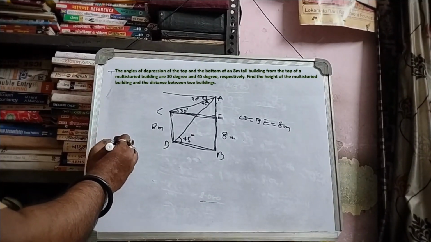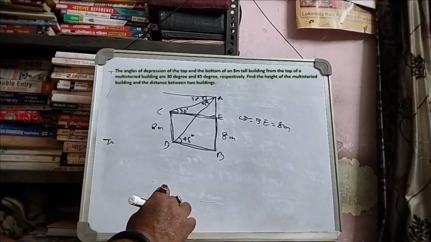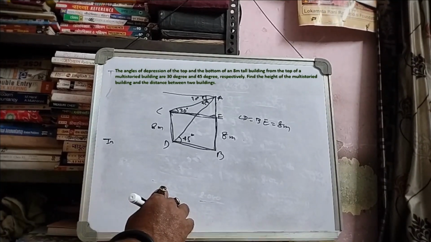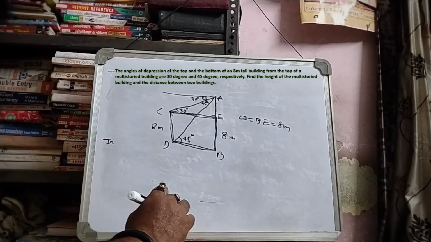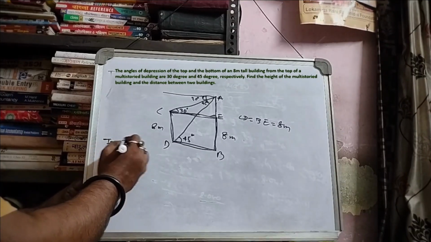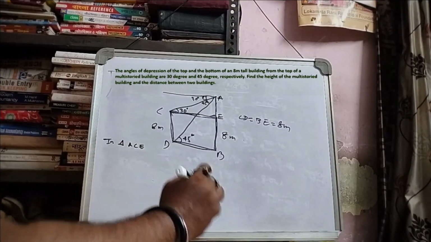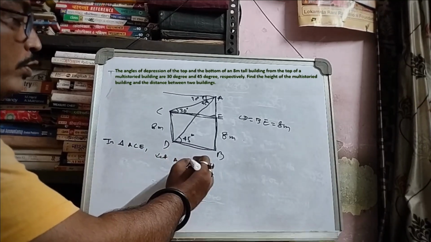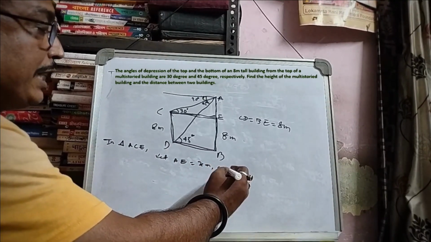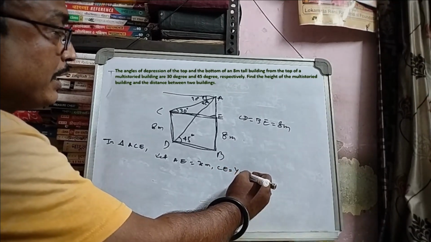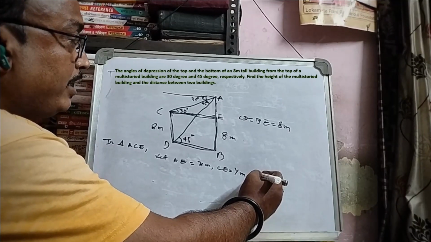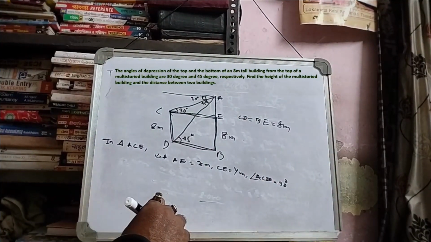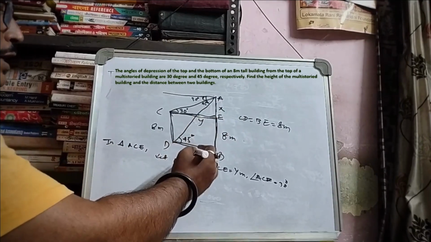At first, in triangle AEC, let AE is equal to x meter, CE is equal to y meter, and angle ACE is equal to 30 degree.